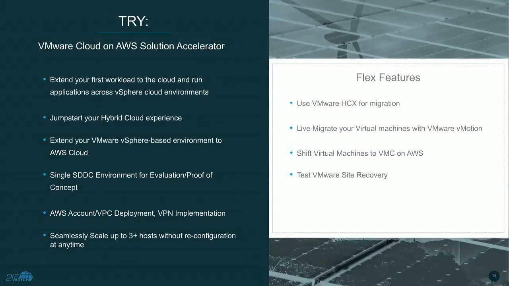And so once we get through that environment discovery, we would actually go to the solution accelerator, which is just that, as I mentioned. Choose a workload, get it into there. It's kind of a jump start for your hybrid cloud. You have the ability to use HCX and do the vMotion between on-premises and the cloud. And then we do all of that setup for you.